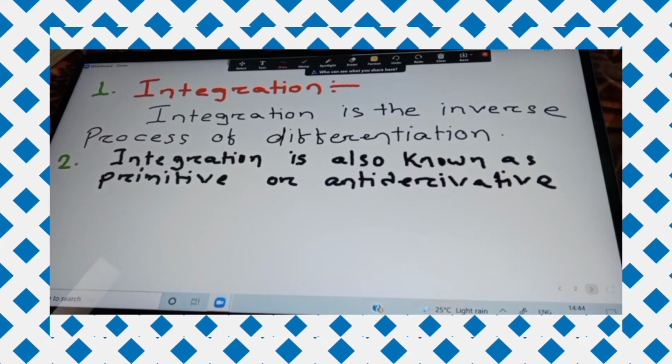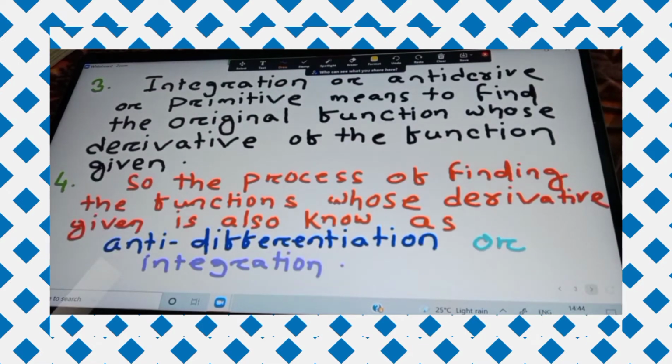Primitive or antiderivative. Point 3 is saying that integration, the antiderivative or primitive, means to find the original function whose derivative is given. We know that if a function is given, we find the derivative. All of you know how to differentiate.